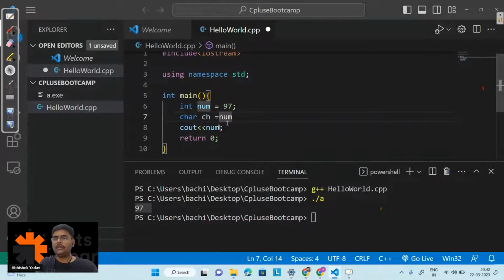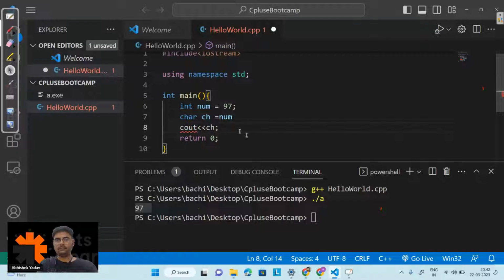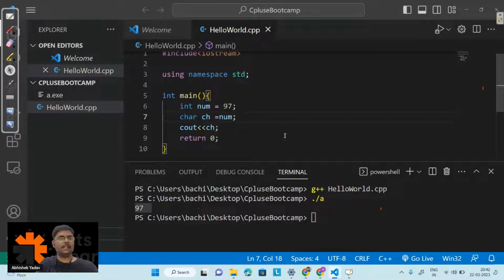And now I want to print ch on the output screen. What will be the output now? Please write in the chat.